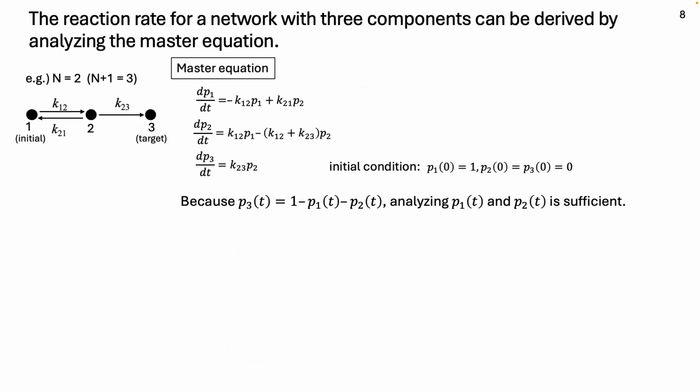So P3 is 1 minus P1 minus P2, so we don't need to consider P3. Analyzing P1 and P2 is sufficient. Okay. So we will analyze only P1 and P2.